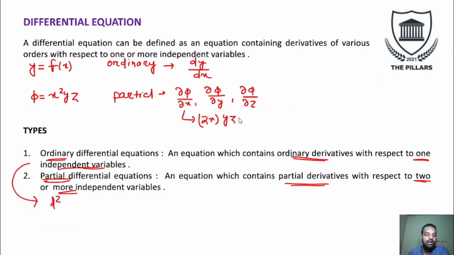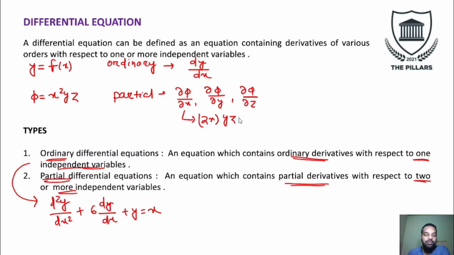Let's see an example of an ordinary differential equation. We can write d²y/dx² plus 6 dy/dx plus y equals x. This is an ordinary differential equation because it contains only ordinary derivatives.